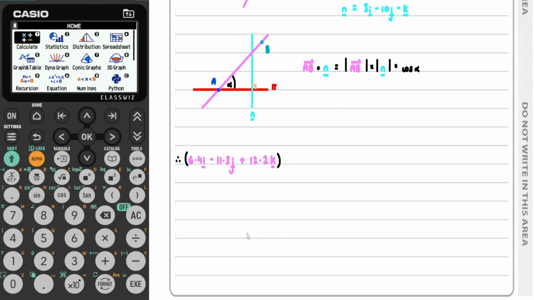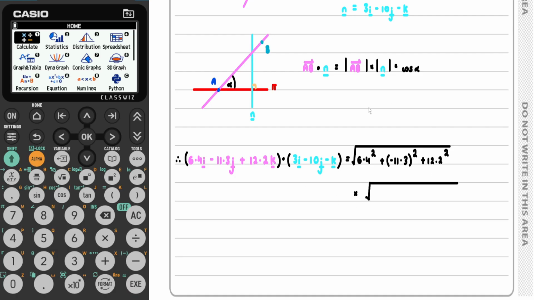So we've got AB, which is 6.4i subtract 11.3j plus 12.2k, dot with 3i subtract 10j subtract k, equals the magnitude of AB, which is the square root of 6.4 squared plus negative 11.3 squared plus 12.2 squared, times by the magnitude of n, which is 3 squared plus negative 10 squared plus negative 1 squared, times by cos alpha.